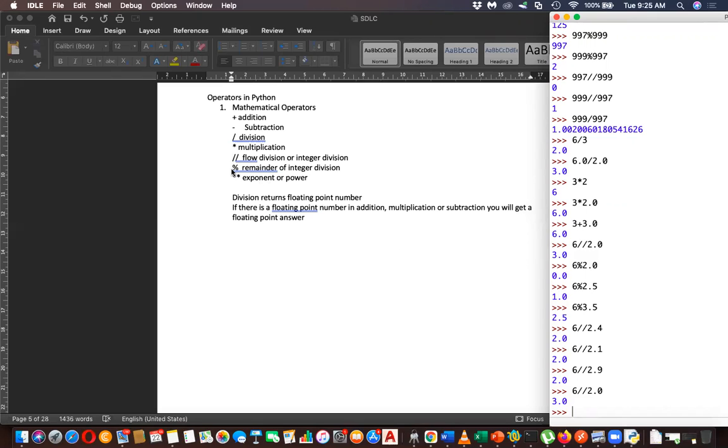Anyway, if you have floor division, it always returns an integer, but if you are using a floating point number somewhere, for example 6.0 floor divided by 2, or 6.1 floor divided by 2, then it will give the answer in floating point format, but still an integer value. But if it is remainder, it can return fractional values.